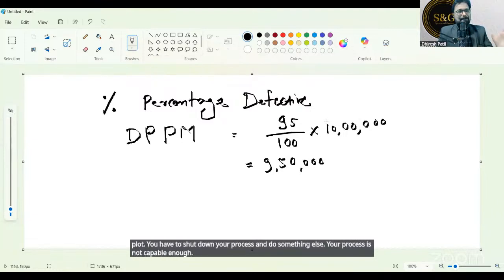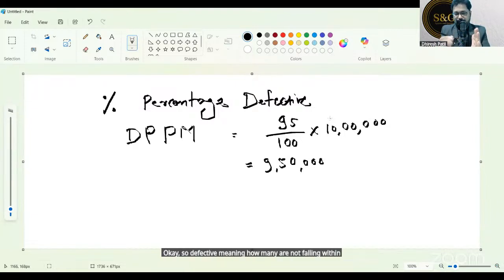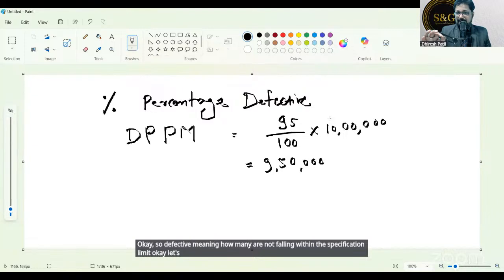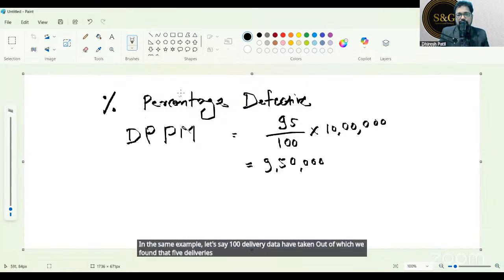Defective means how many are not falling within the specification limit. Let's say in the pizza delivery, out of 100, how many pizzas did you not deliver within 30 minutes? That is called defective. Let's say, in the same example, I have taken 100 delivery data, out of which we found that 5 deliveries were defective.